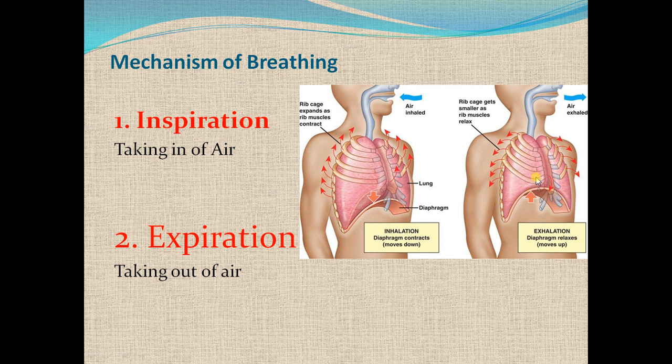The intercostal muscles also relax, and the rib cage moves inward. When the diaphragm becomes dome shaped, it pushes the lungs, and when the rib cage moves inward, it also pushes the lungs, and the air rushes out. So this was exhalation. Exhalation and inhalation together are called the mechanism of breathing.